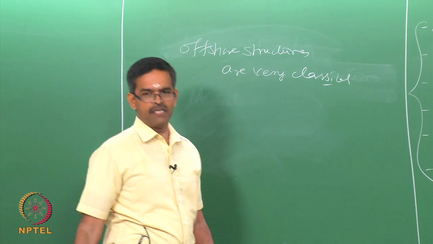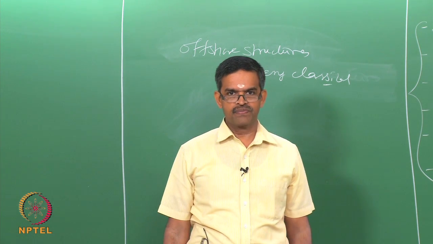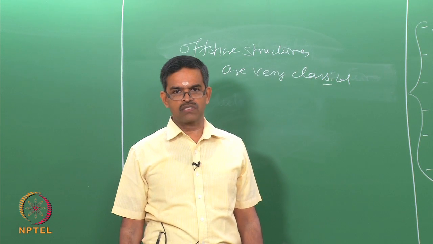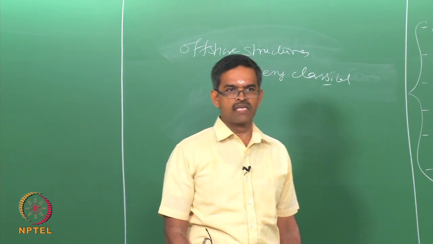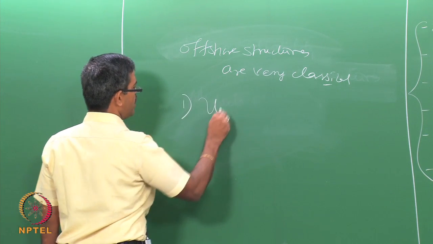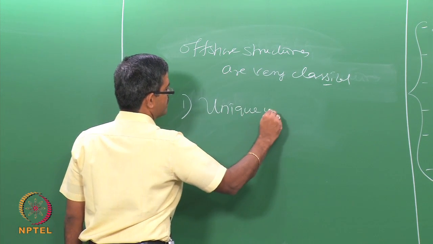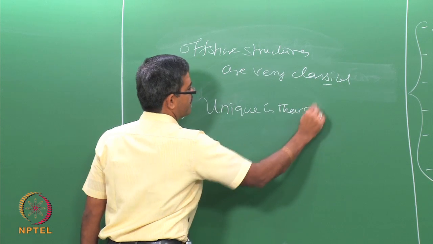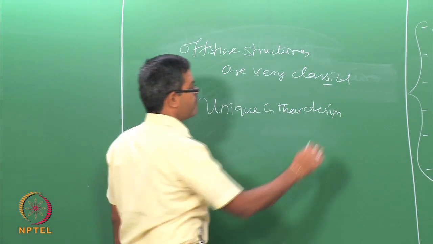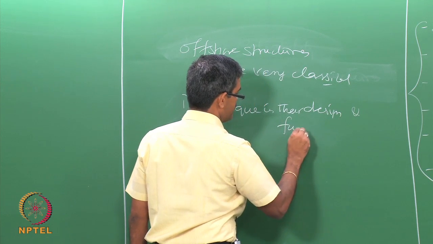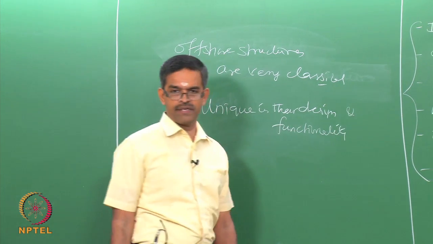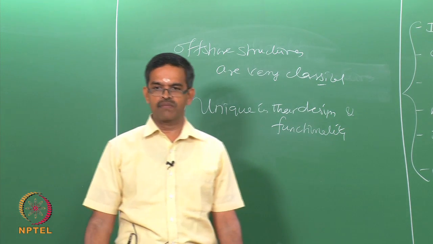Now, what are the specialities of these kinds of structures? There are many reasons why offshore structures are called a special class of structures. One, they are unique in design and functionality, because offshore structures are actually designed according to functional requirements.